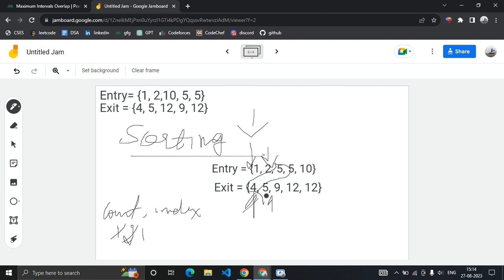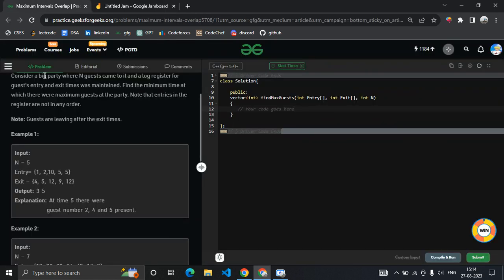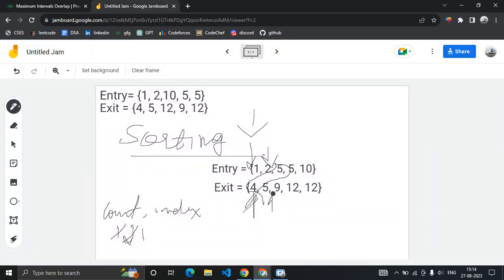Why I'm saying this is because the question clearly mentions that guests leave after the exit time, so we increment only after the exit time. So we have to consider lesser than or equal to. We'll increment by 2, and now we check whether 5 is lesser than or equal to 5. Yes, I will increment by 3.